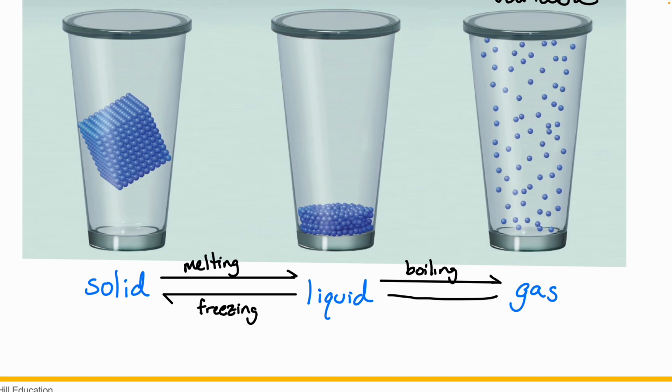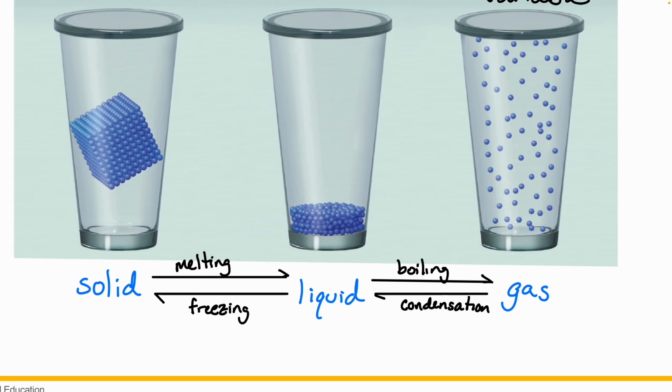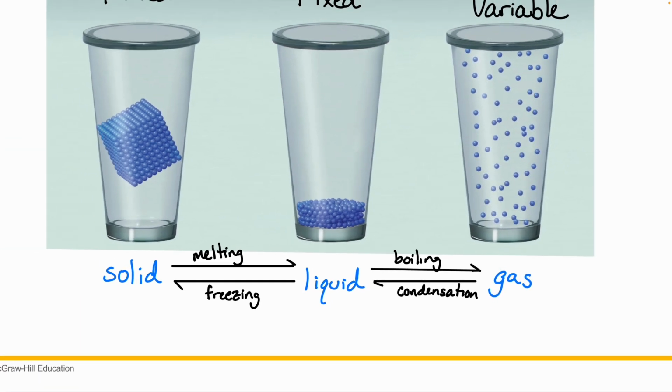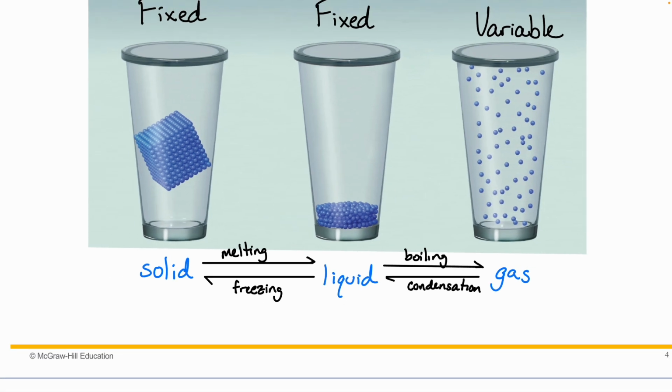And then a gas can turn back into a liquid, a process called condensation. All right. These are all these temperature-dependent, what we call phase changes.